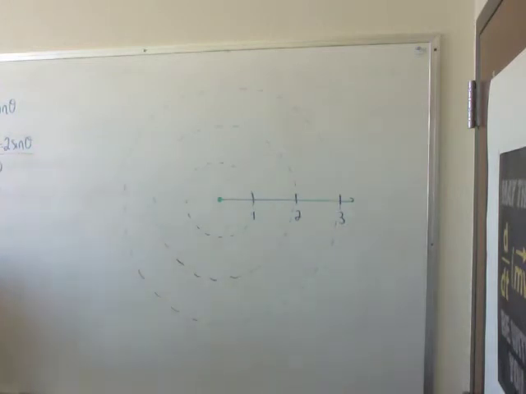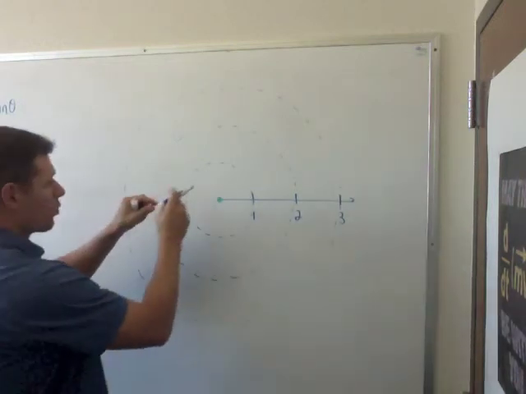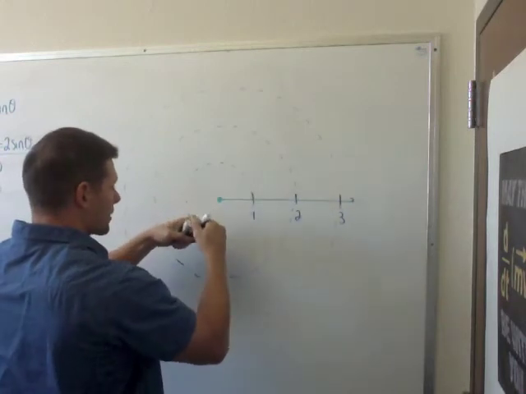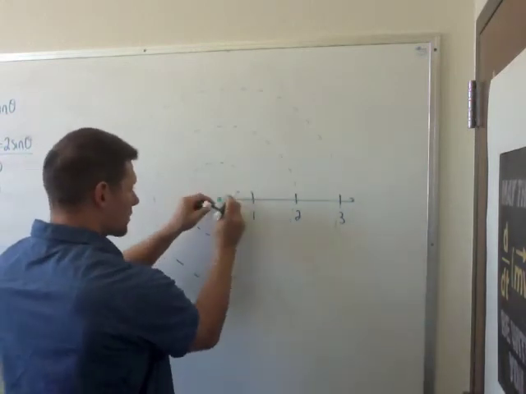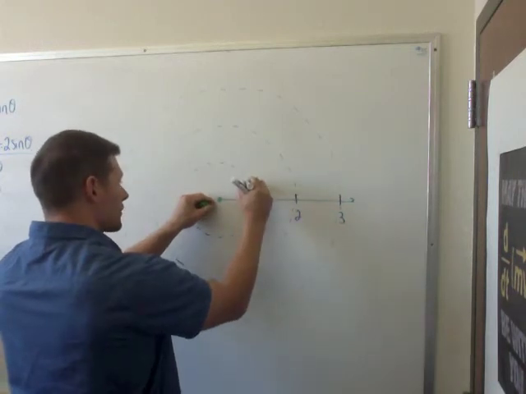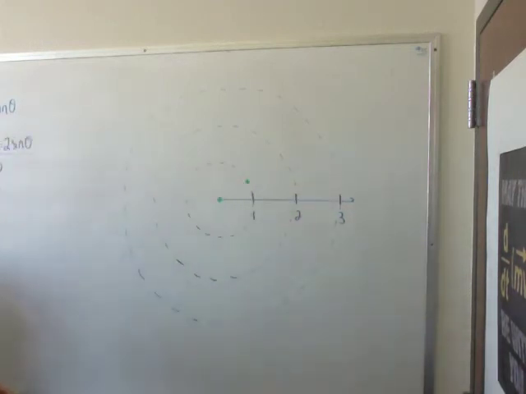So r is 1 and theta is pi over 6. I go to a radius of 1, at pi over 6, and put my point right there. That's one of the points on my graph.